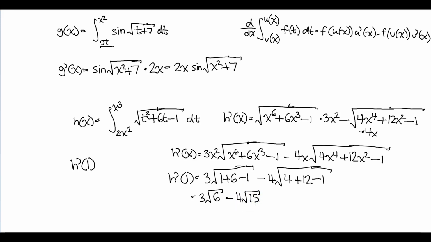So our final answer, h prime of 1, is 3 root 6 minus 4 root 15.